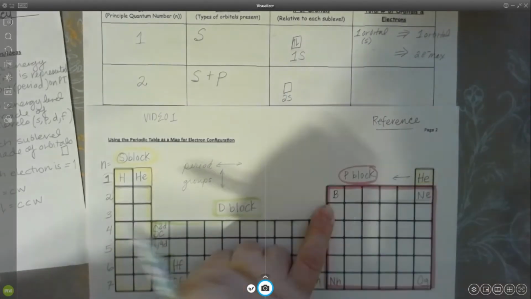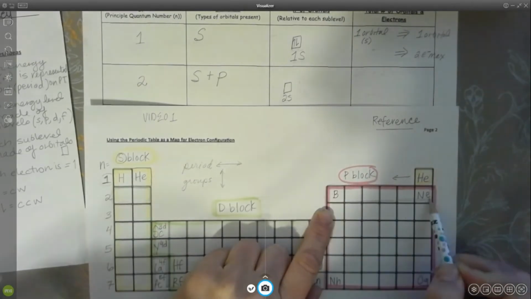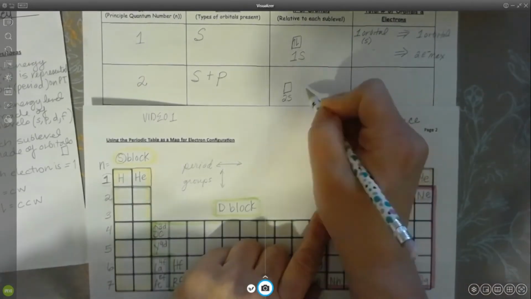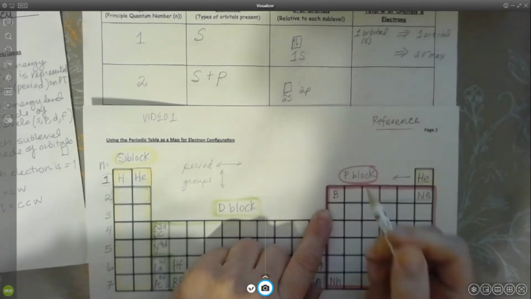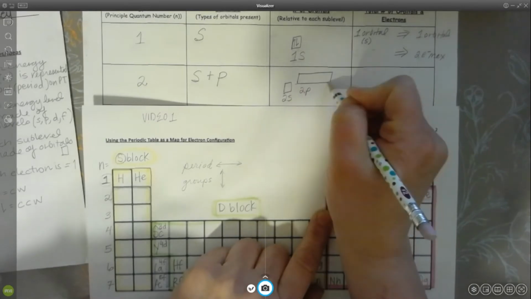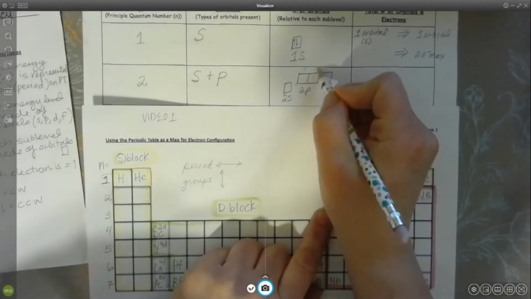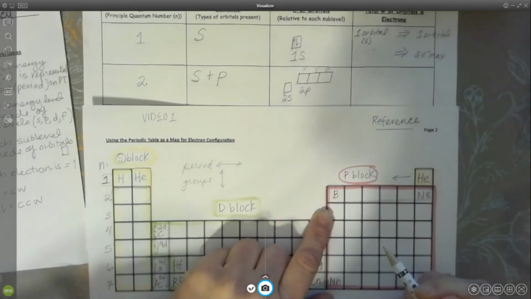And then this is 2, it's still in the second row, but now we're in the P block. So I'm going to say I also have 2p. And we know that the p has 3 orbitals. They're called the x, the y, and the z orbital.